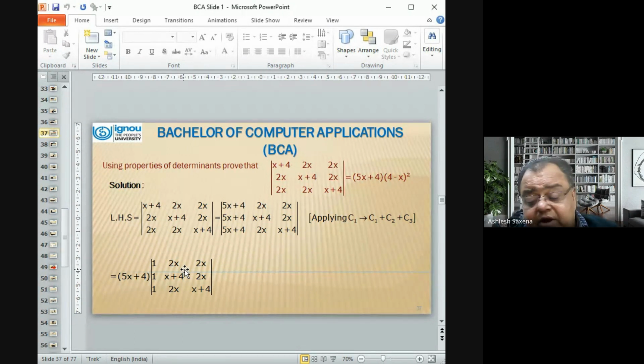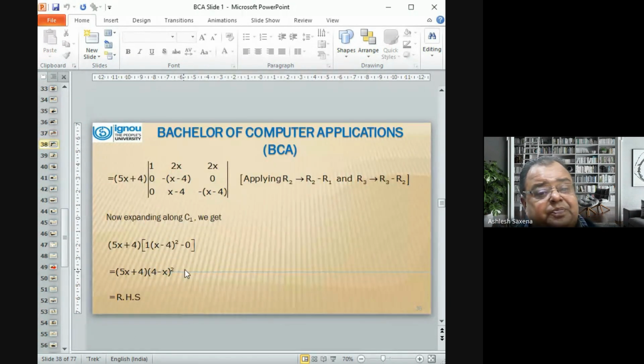Here we have taken column and row. Is that clear?